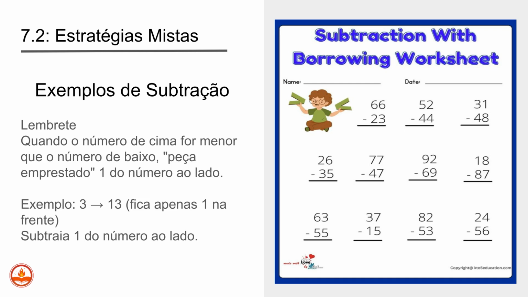So if we have 3, that turns into 13 by borrowing from the number next door. Let's do 2 of the examples of this worksheet. Also, some of these examples will result in a negative number, so be aware of that. How do you know if it results in a negative number? If the overall top number is smaller than the bottom number, it will be negative.